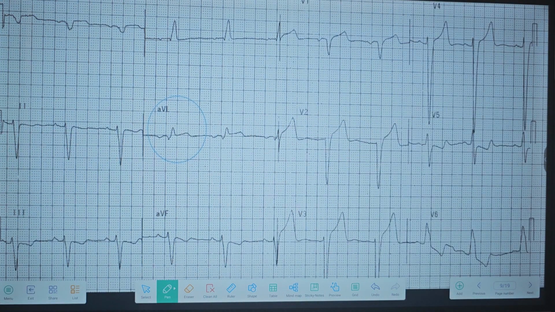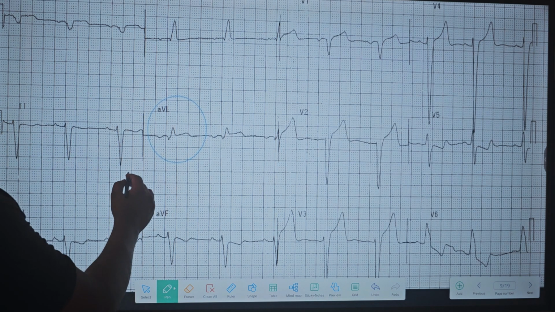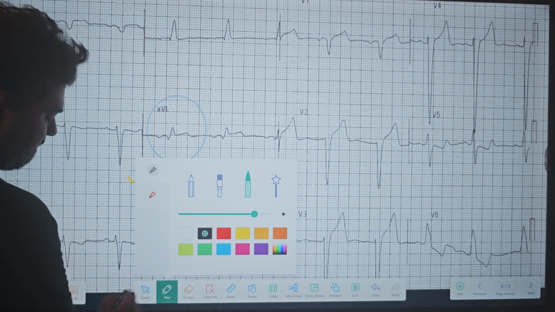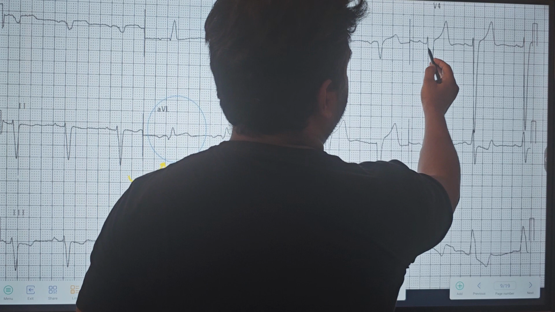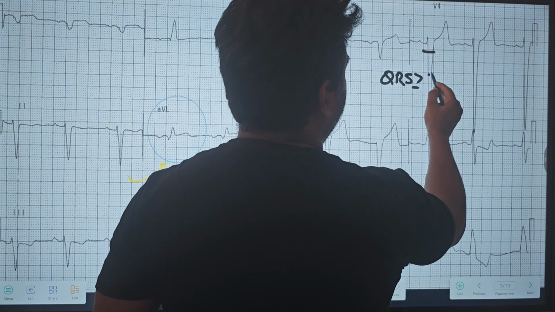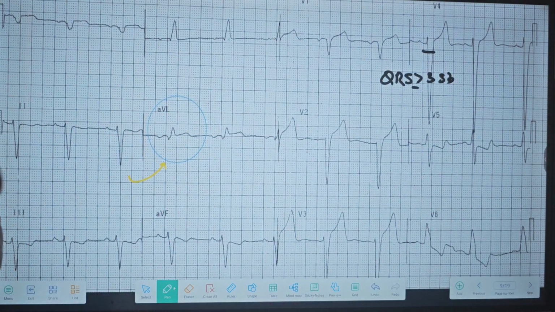Now this is a very important case. First, if you get this ECG, I have already marked here, you are seeing that this is QRS. QRS is more than or equal to 3 small boxes. First thing is fulfilled.